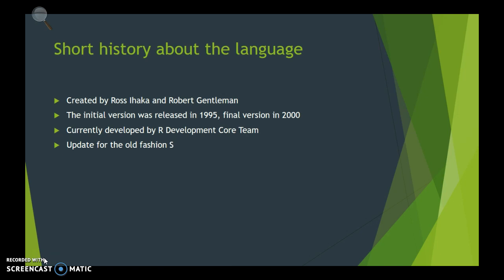Today, the group that offers assistance with this language is called the R Development Core Team, where one of its founders, Robert Gentleman, is an active member. Lastly, the R programming language is considered to be an update of the old-fashioned and unfriendly scripting language called S.